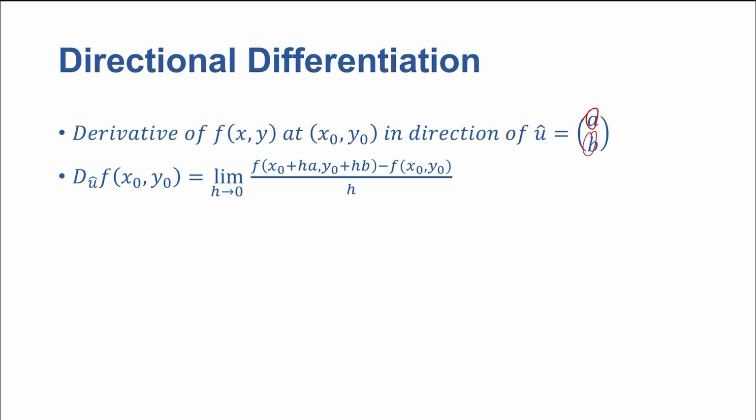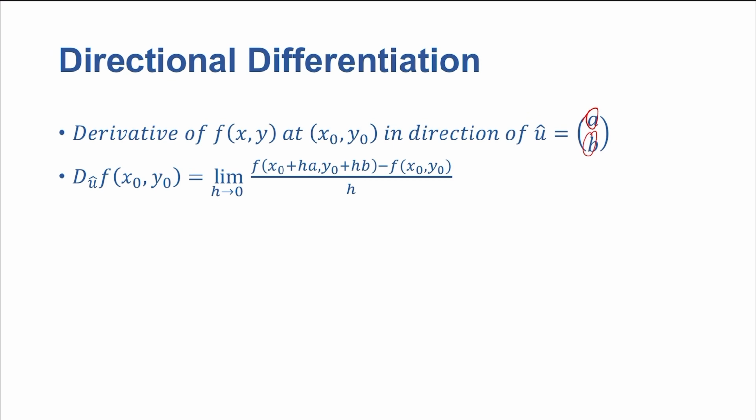So the directional derivative in the direction of u at f of x naught, y naught is equal to the limit as h approaches 0 of f of x naught plus ha, comma y naught plus hb, minus f of x naught and y naught, over h. This is a very similar definition.